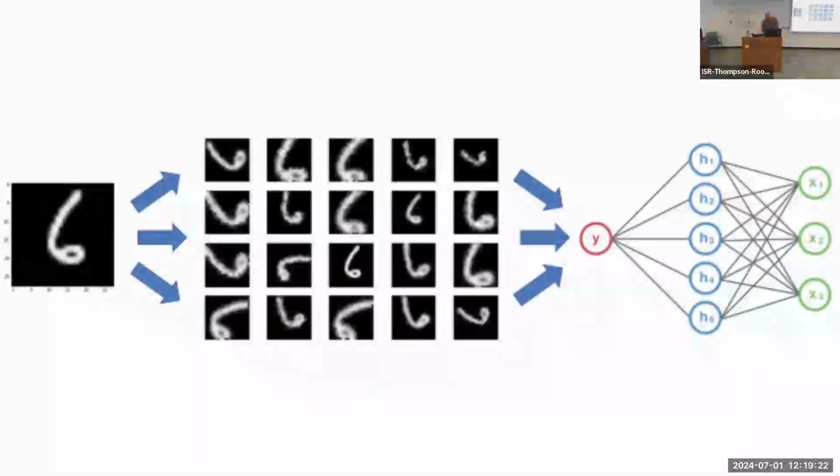So one of the classic examples for this is, does anyone know what this is? The numbers for the post office, like that data set. So this is called OCR, so object recognition.